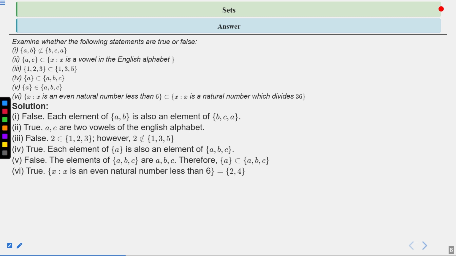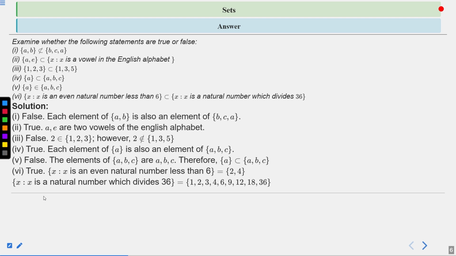Now for the sixth, it is true, because if you write the roster form, we are simply collecting the natural numbers less than 6. So you can easily write the roster form, which is just 2, 4. And for the second collection, natural numbers that divide 36, simply 1, 2, 3, 4, 6, 9, 12, 18, 36.